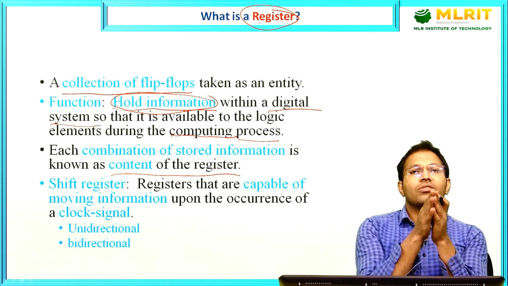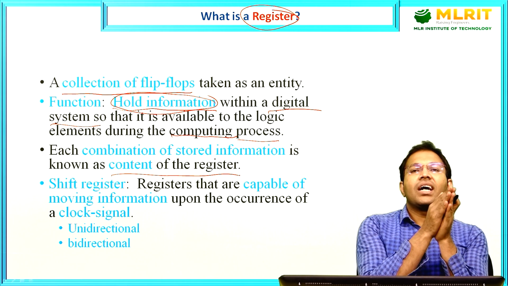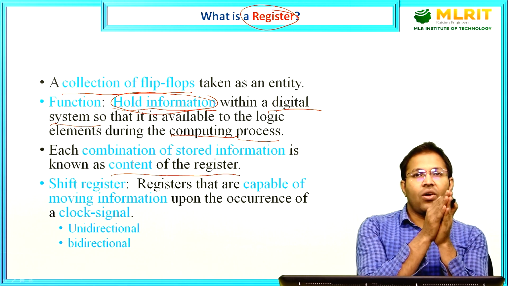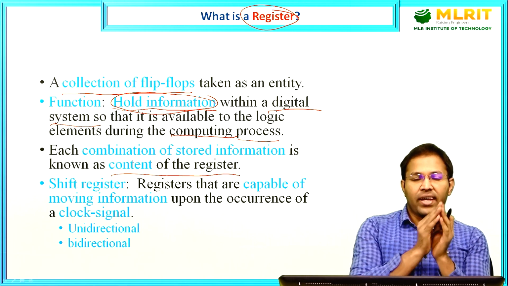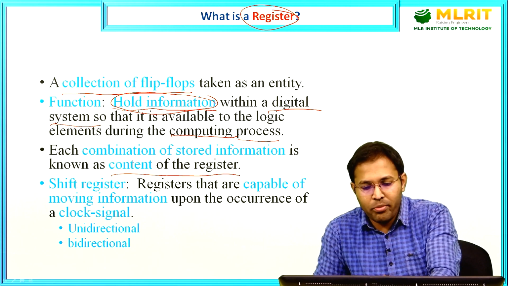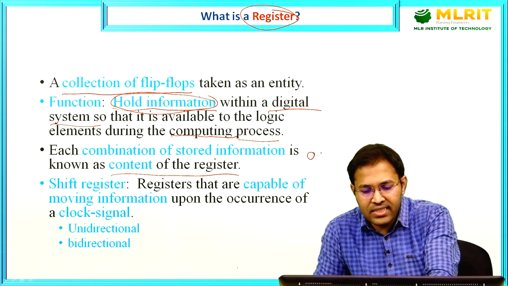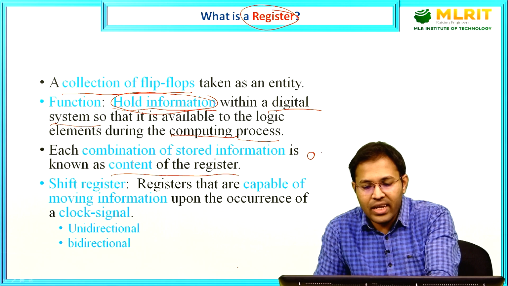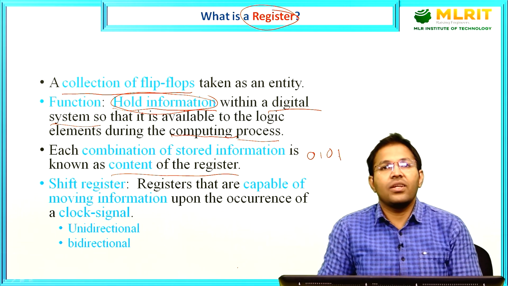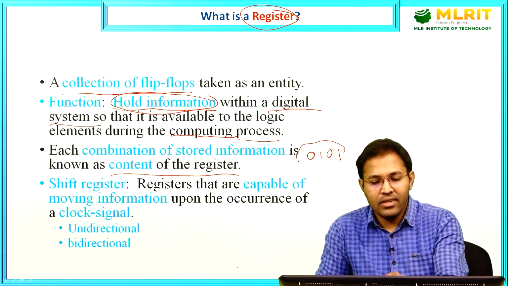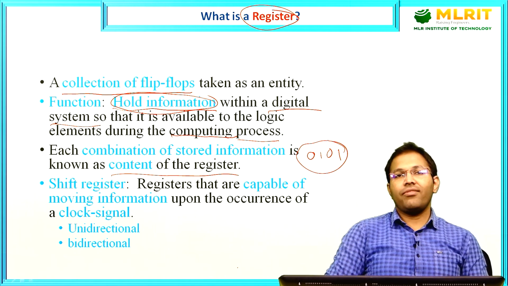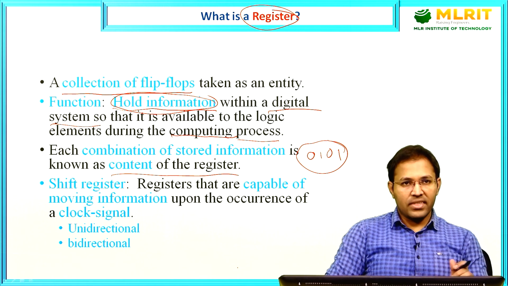Say you want to store the result of binary addition of 3 plus 2, which is 5. So the contents of the 4-bit register after the addition can be this. The equivalent of 5 in binary form is 0101. Okay, fine. So to store such information, we can make use of the registers.